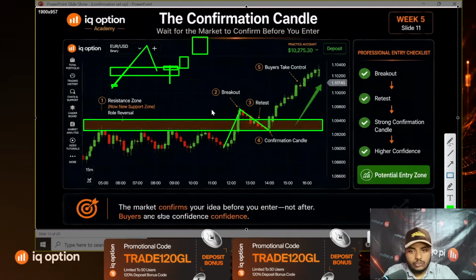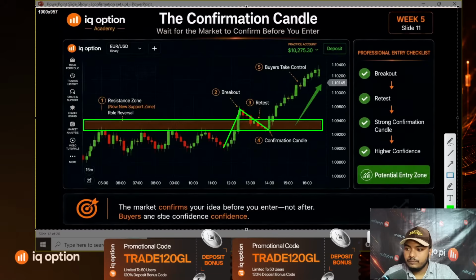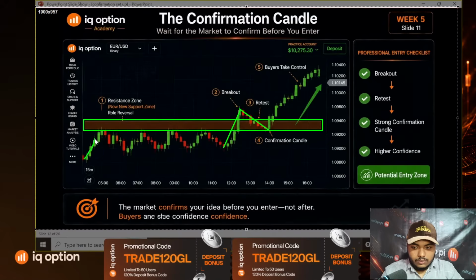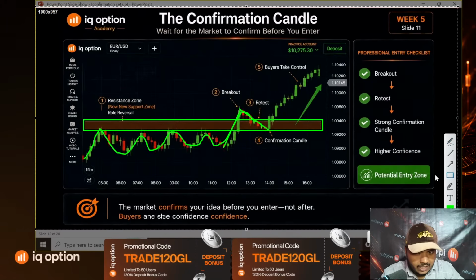So let's focus on our candle confirmation. The price moved in an upward direction and was tested a lot of times. After the breakout, we get a retest. In the retest area, if you focus here, there is a good spinning top type candle.